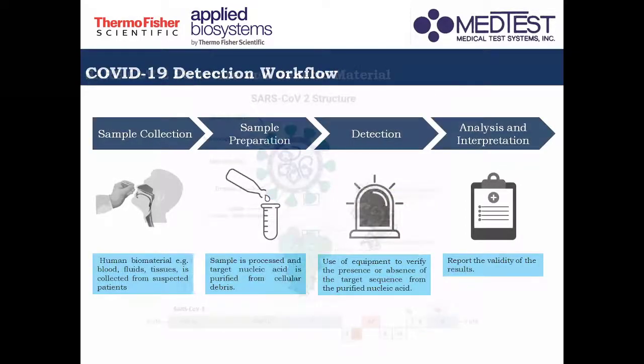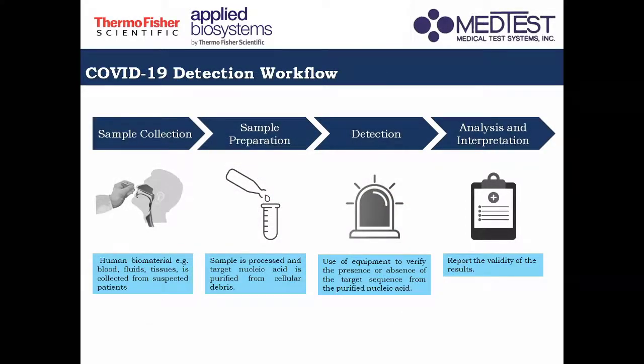So for the COVID-19 detection workflow, or SARS-CoV-2 detection workflow, we follow a series of steps, from sample collection to data analysis. So in sample collection, we basically collect materials from a patient or human, for example.